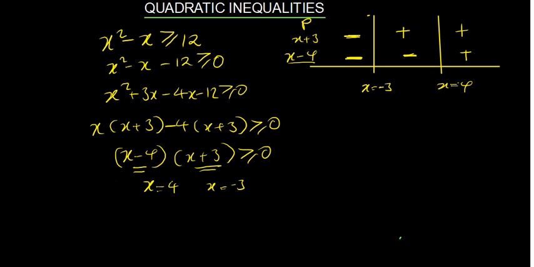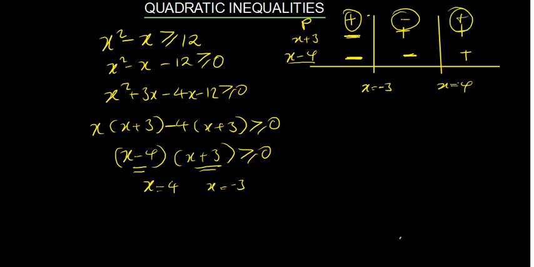Negative times negative will give us positive. Negative times positive is negative. And then positive times positive will be positive.